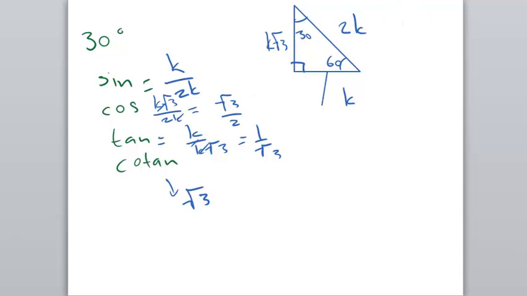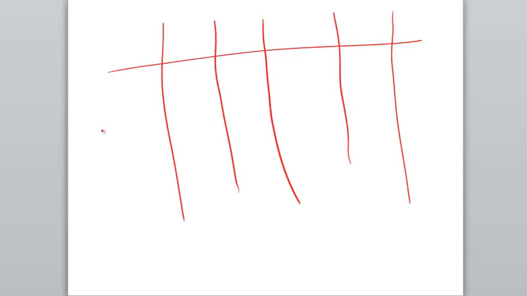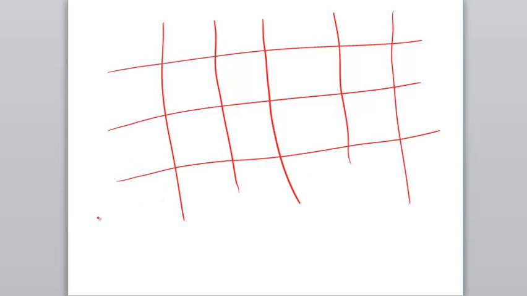So what if we put them in a table? The table would look like this. Let's draw the table. Four columns and four rows.